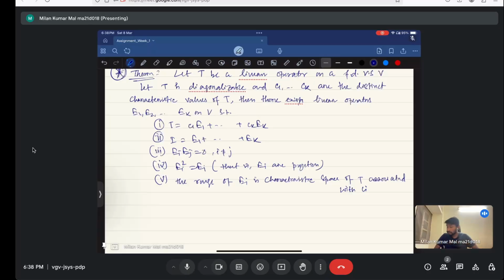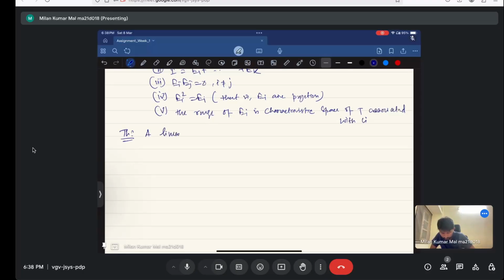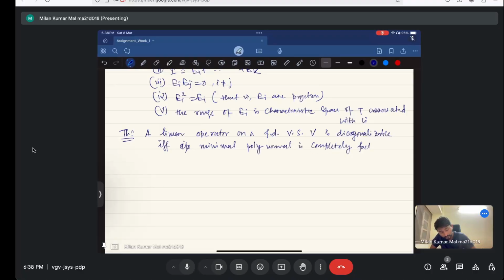Then also we will state another theorem. A linear operator on a finite dimensional vector space V is diagonalizable if and only if its minimal polynomial is completely factorized into distinct linear factors.